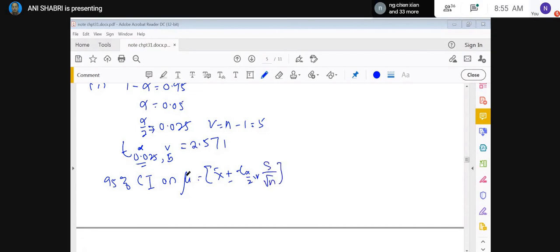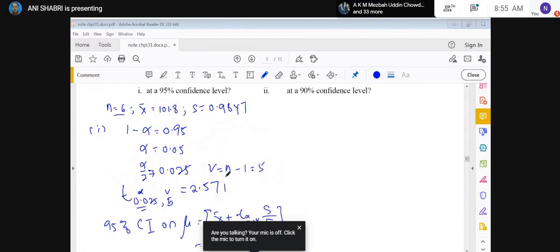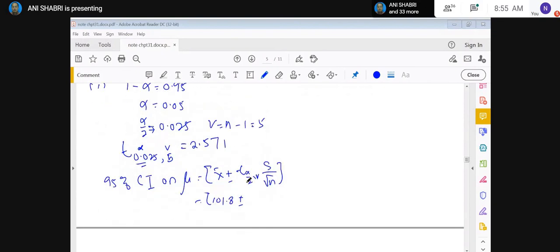Just put in the values. X bar is already given, 101.8, plus or minus t, S is equal to, divided by square root n, n is 6.